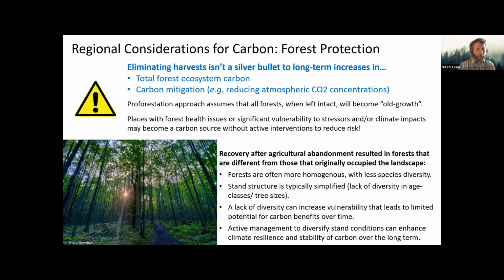And so active intervention in those scenarios can lower risks, and again, maybe create some short-term losses of carbon, but for the longer-term gain. And so I think that's an important point to recognize and to communicate when these discussions happen.